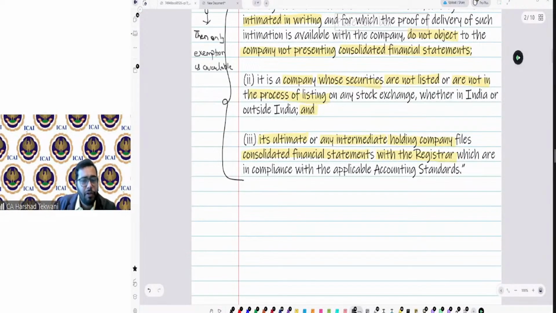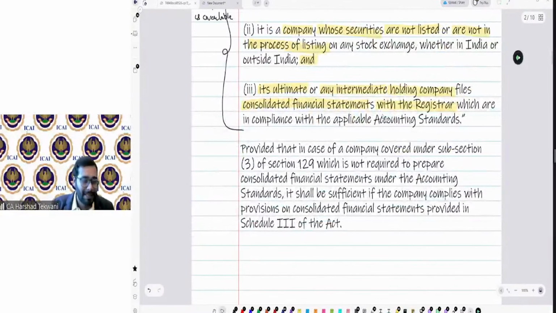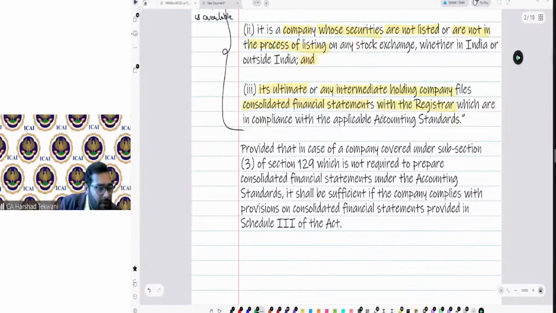If a company is not required to prepare consolidated financial statements, is there anything that the company should prepare instead? The answer is yes, and somewhere the answer connects to the accounting standards, which I'll explain in a moment. So what does another provision of Rule 6 say? This is actually the first provision of Rule 6.